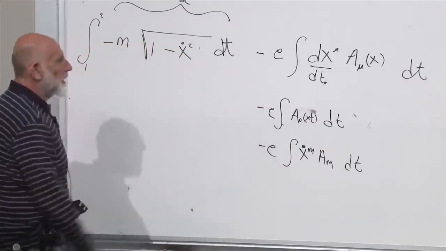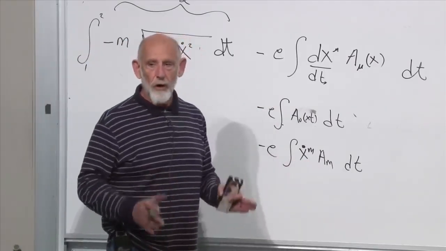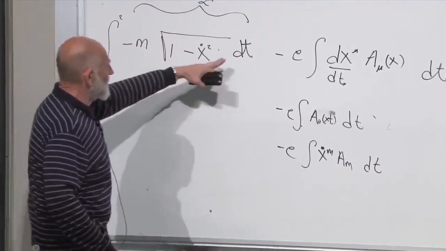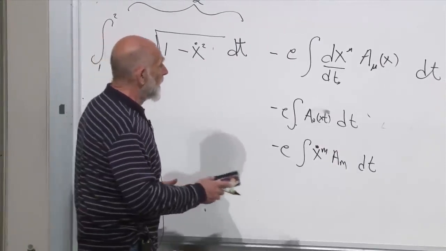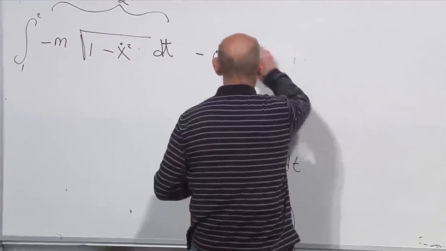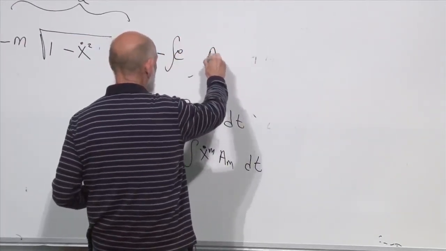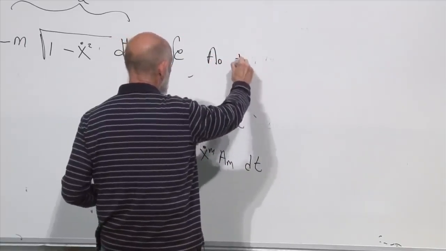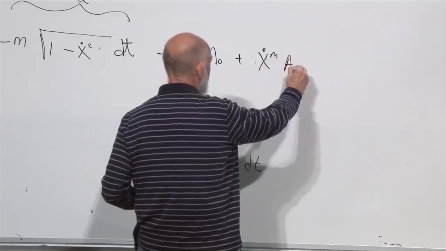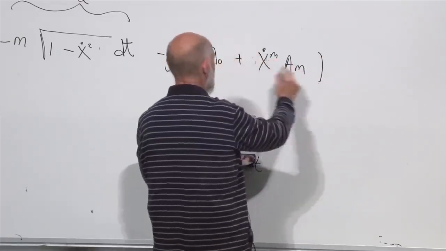That's what this is. And the reason I wrote it this way with the dt here is to make it have the familiar look of a Lagrangian action, an action written as an integral over dt. Okay, so let's write it down now. Minus e integral A naught plus x^m dot A_m dt.